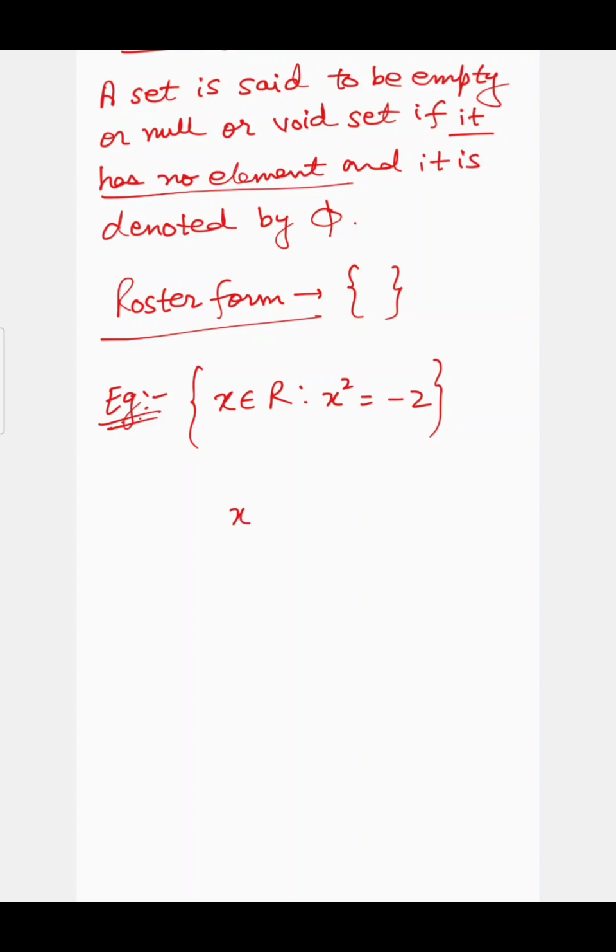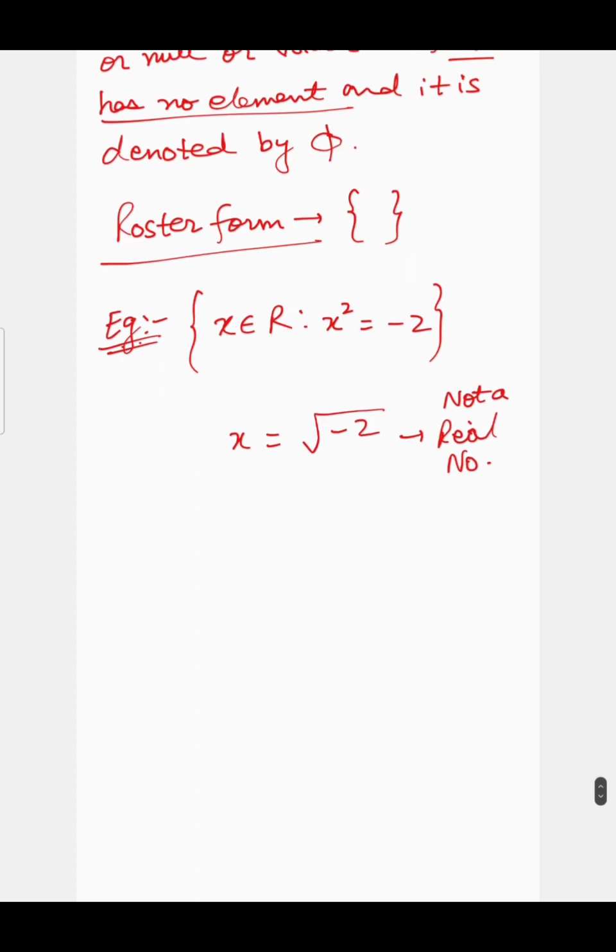Now we know that x squared is equal to minus 2 means x is equal to plus or minus root over of minus 2, right? Now, is root under of minus 2 a real number? No. ये real number तो नहीं है. Not a real number. So therefore, this set will be phi. Okay.